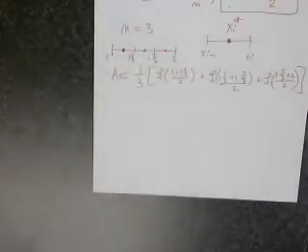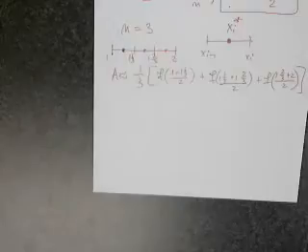I'm going to use a calculator and punch this in. So the function is e to the x squared: e, and in parentheses x squared, and then second and table.